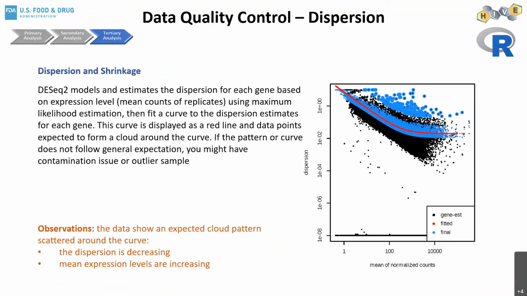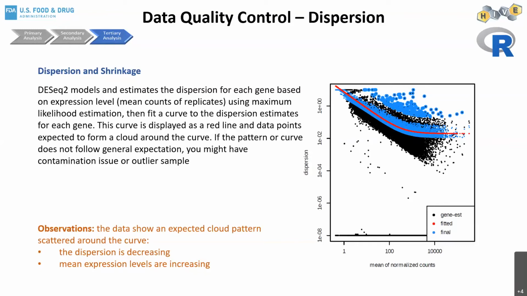For dispersion, again, DESeq2 tries to estimate the dispersion, and this is the graph for each gene based on the expression level. Using maximum likelihood estimation, it tries to fit a curve, and it adjusts the values of the dispersion by doing the shrinking. This curve is displayed as a red line.